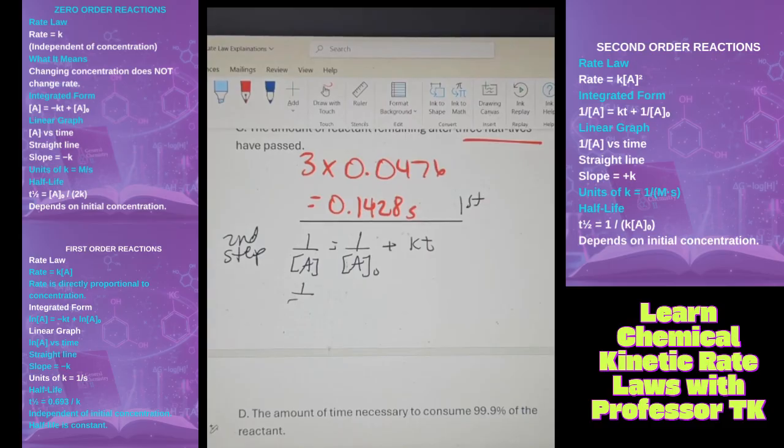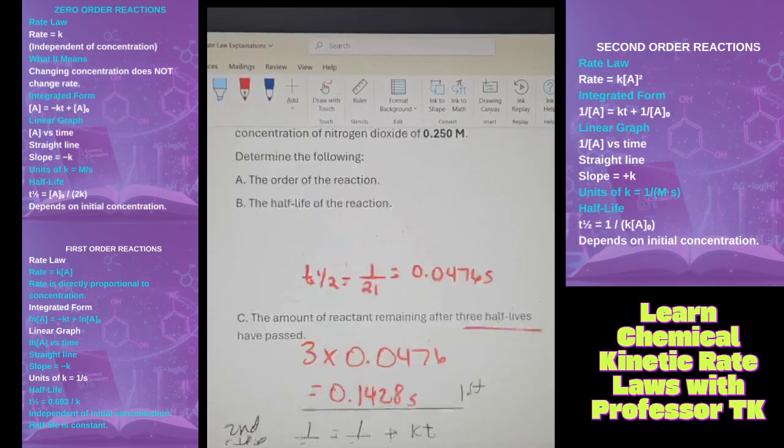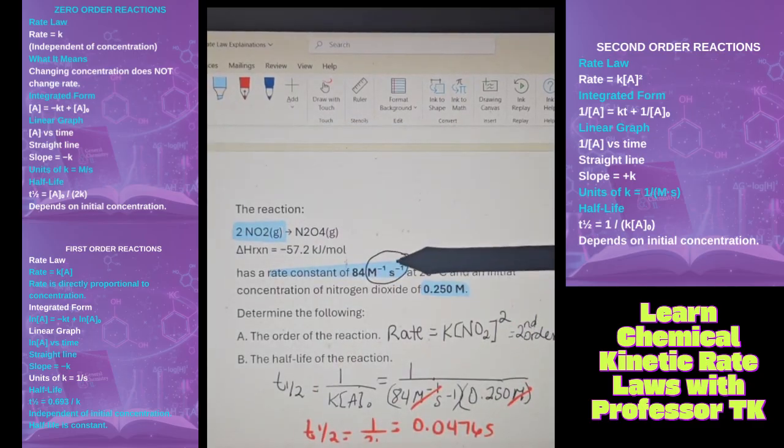So 1 over A equals 1 divided by, and again, they gave you 0.250. And that's molarity. Plus, they also gave you your rate constant, okay? And again, in case you didn't see that number, let me go back up here so you can see it. 84 per molarity per second.